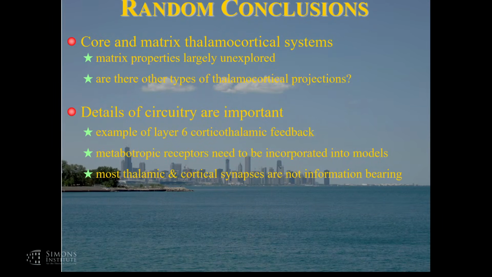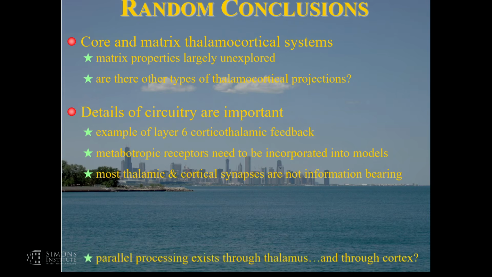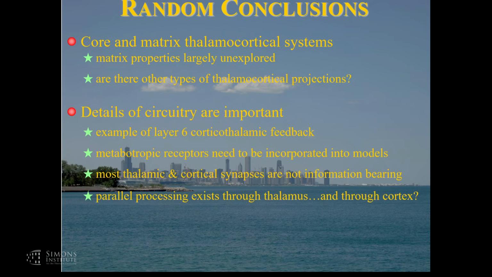Most thalamic synapses, and we think this is true of cortical synapses, as I said, are not information bearing. Again, this gets to the point that parsing circuits based on total numbers can be very misleading. Parallel processing exists throughout thalamus. How far you can carry this in cortex is still an interesting question.